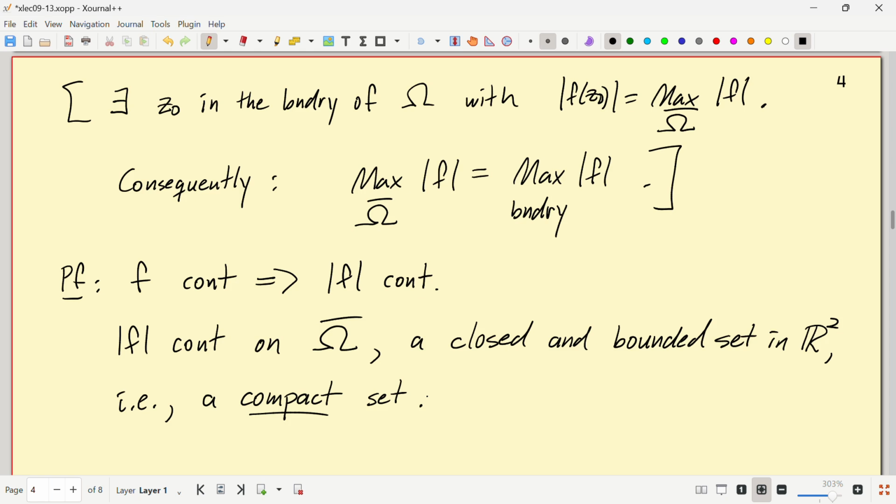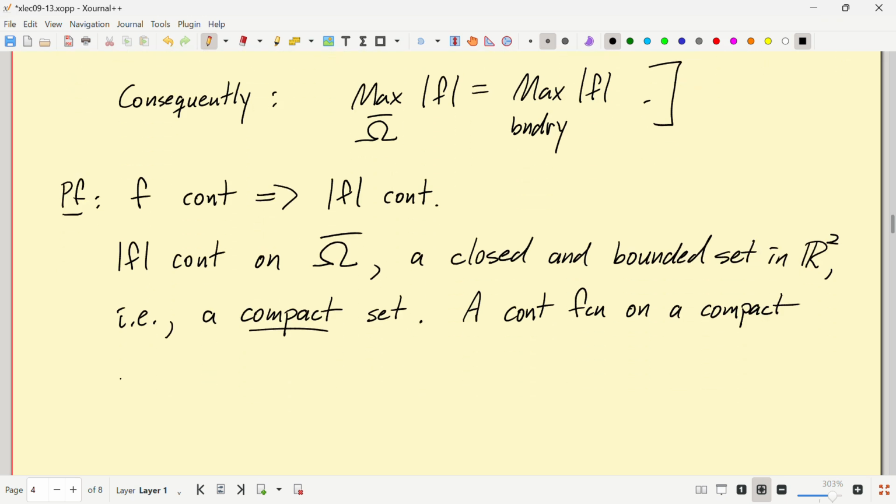Well, a continuous function on a compact set assumes its maximum. That's a famous theorem. A continuous function on a compact set assumes its max. It has a maximum value and it assumes it.